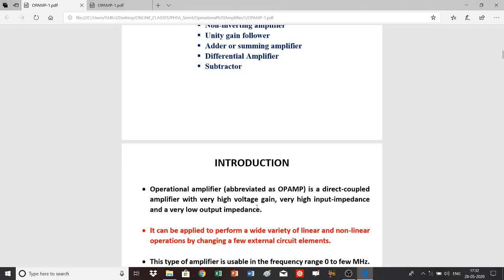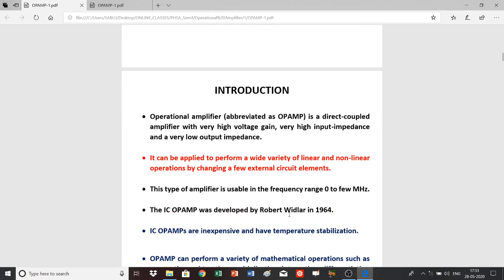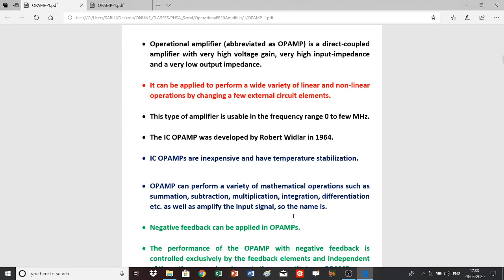And this electronic device or amplifier can be applied to perform a wide variety of linear and non-linear operations by changing a few external circuit elements. And this type of amplifier is usable in the frequency range 0 to some megahertz. And OPAMP was first developed by Robert Widlar in 1964.